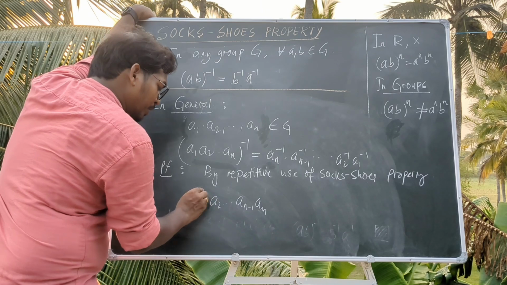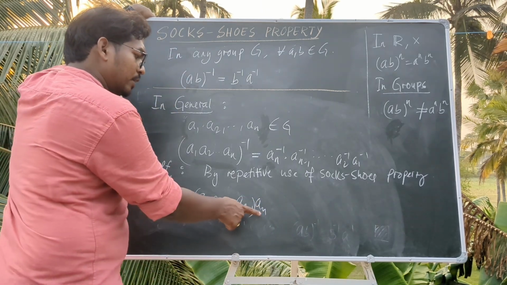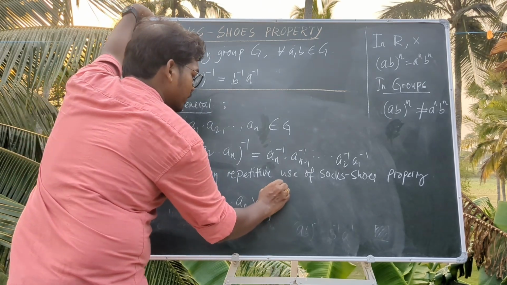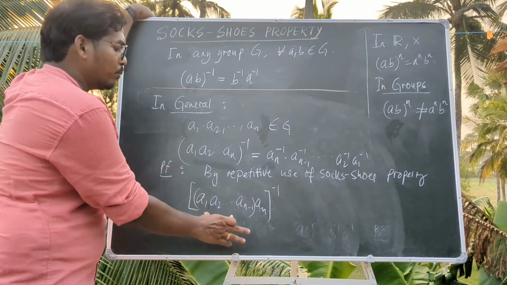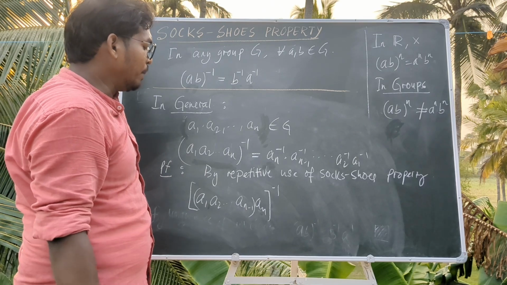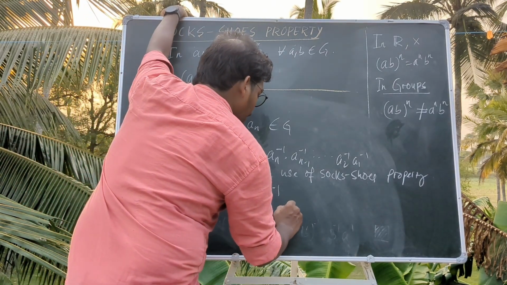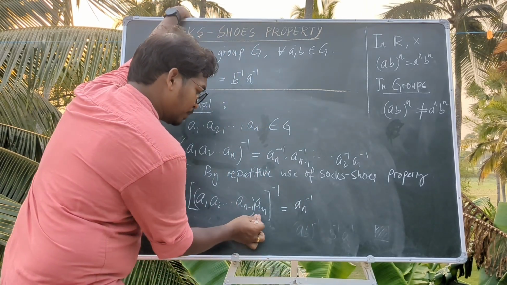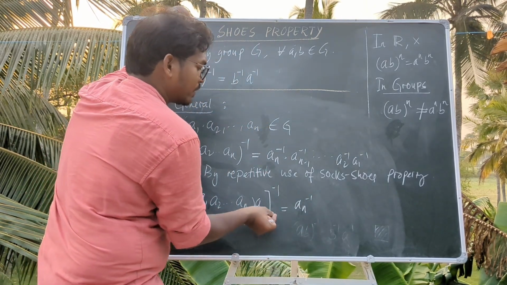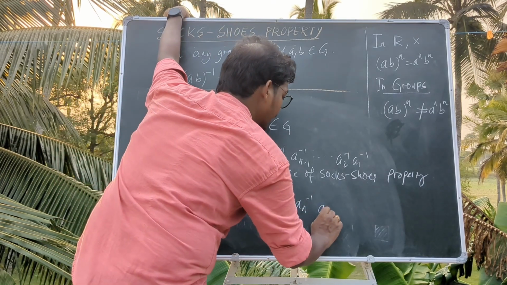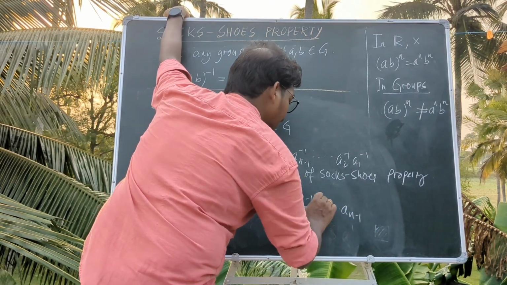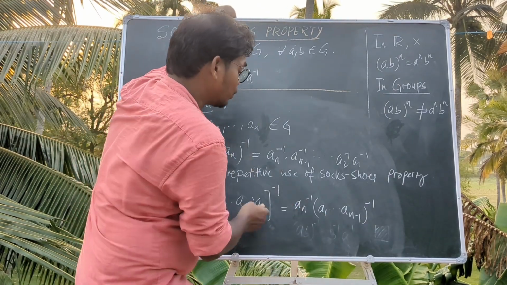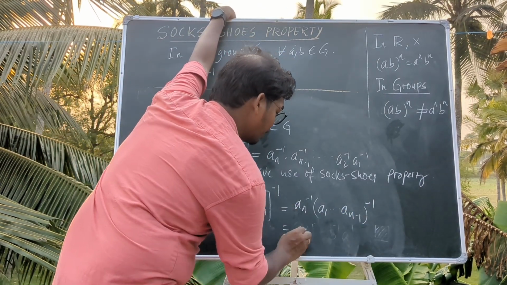I can group a1 up to an-1 as a single element, and an as another element. Finding its inverse is the same as the inverse of this one. I am doing this by associativity and by the socks-shoes property. What do we have? This is A, this is B. The inverse of AB is the same as b^-1 a^-1. Now we shall again use the socks-shoes property for this.